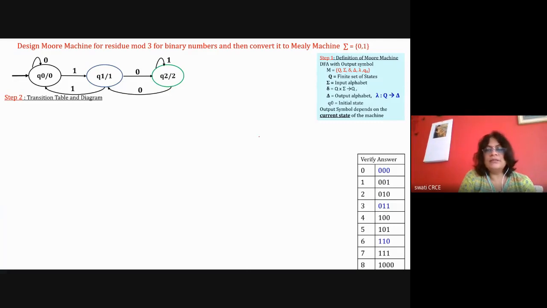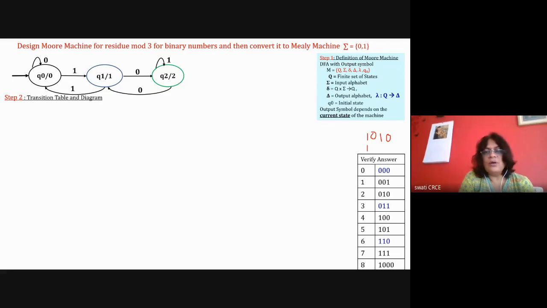Suppose your number is, I'll write it here, 1, 0, 1 and 0. So for 1010, what will be the output generated? For 1 it will generate the output as 1, because the remainder is 1.